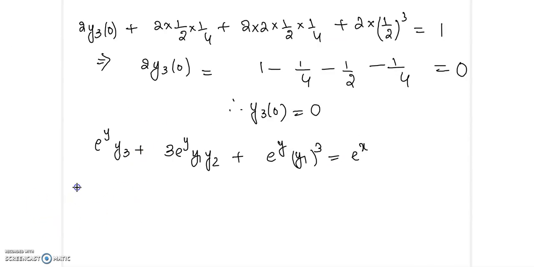So when you differentiate, you will get e raised to y, y4 plus e raised to y, y1 y3 plus 3.